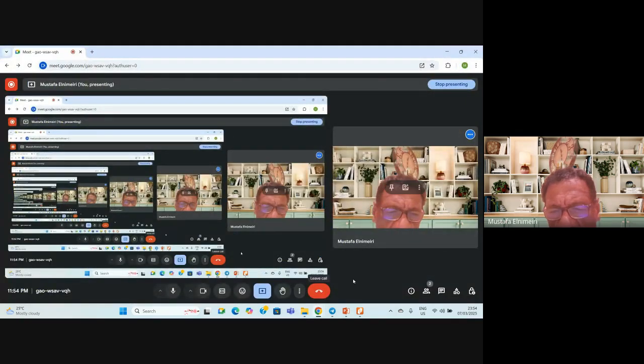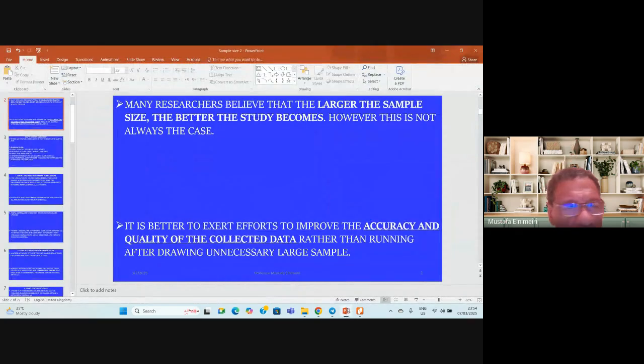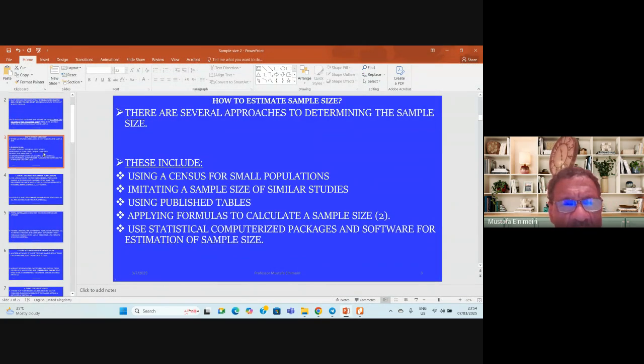And we will summarize the most important approaches or strategies that we are using for determining the sample size. We can talk about using a census for a small population as the first strategy, and imitating the sample size of similar studies as the second strategy, and using published tables, and then applying formulas to calculate the sample size, and then using statistical computerized packages and software for estimation of the sample size.